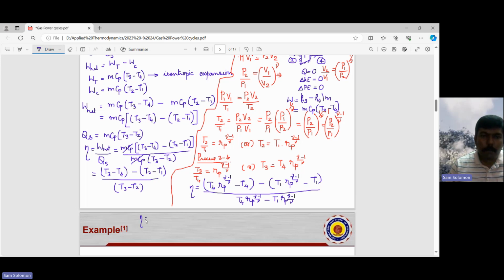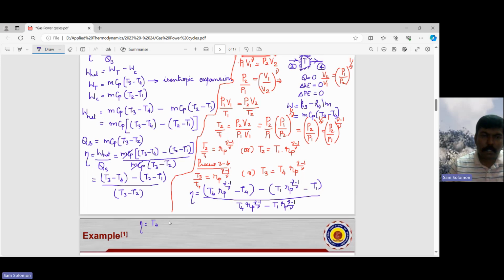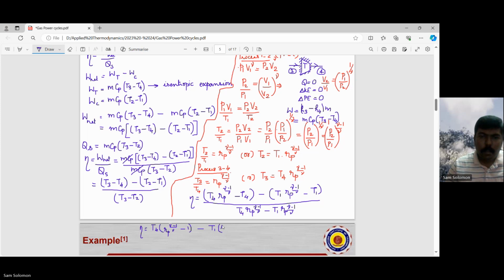So your eta becomes, if I take T4 outside, Rp to the power gamma... let me write it a little bit down. So it is Rp to the power (gamma minus 1) by gamma minus 1, minus T1 times Rp to the power (gamma minus 1) by gamma minus 1.